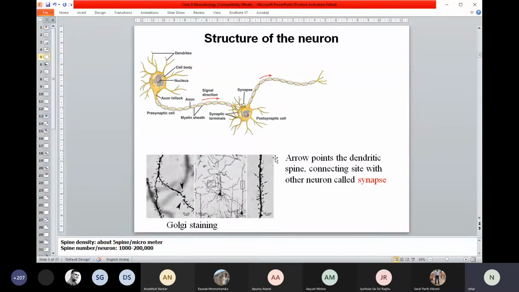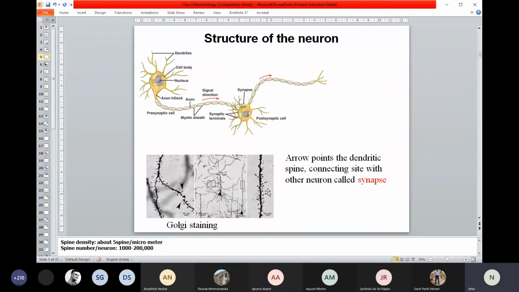By looking at a high resolving power microscope, you will see a lot of protruded, extended structures, called the dendritic spines, and these are the structures where a synapse can be formed.